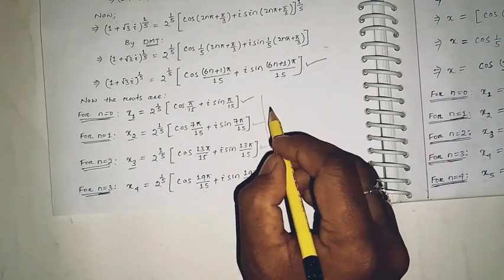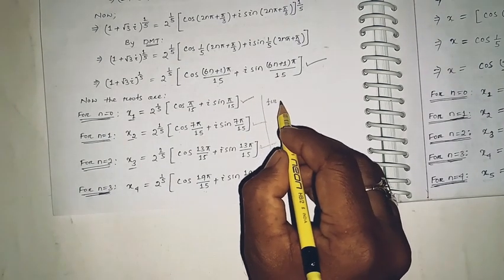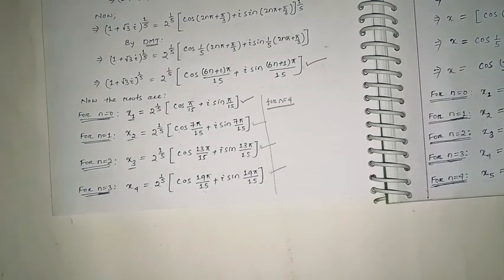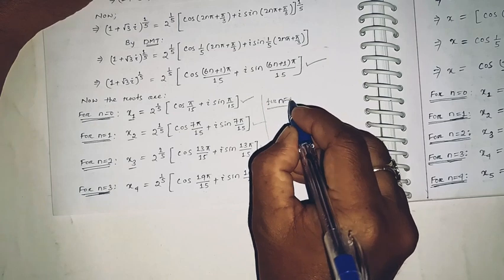Then for the fifth root, that means for n equal to 4, we can find the fifth root.